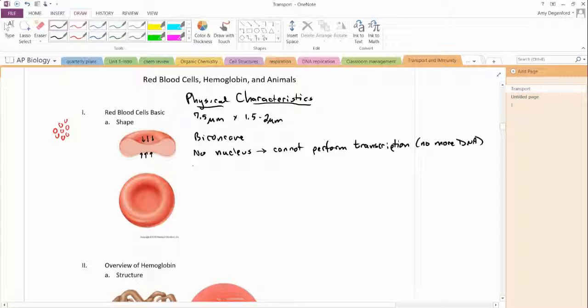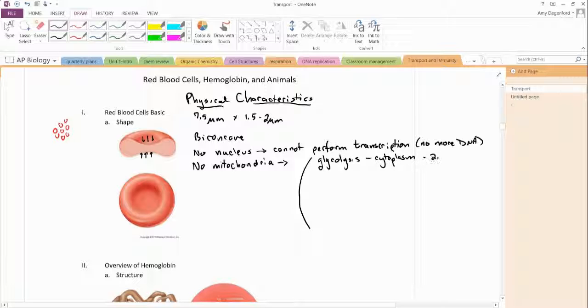The other fact that is pretty unusual is that they eject most of their mitochondria. And mitochondria, if you recall, are there to complete cell respiration. So if we did a little bit of a sneak back to earlier in the year, you'll recall that we have glycolysis, and that happens in the cytoplasm.